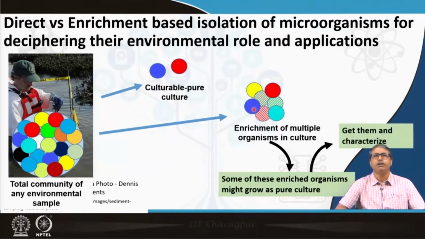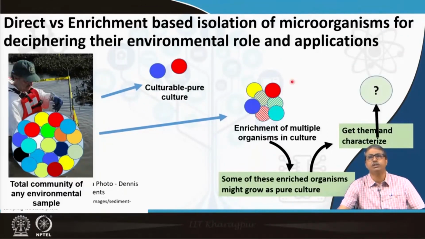Now, these organisms which we could grow as pure culture from the enrichment based technique could be segregated, picked up, subcultured and then purified, and then we try to characterize them. That is actually a question in terms of how do we characterize them.